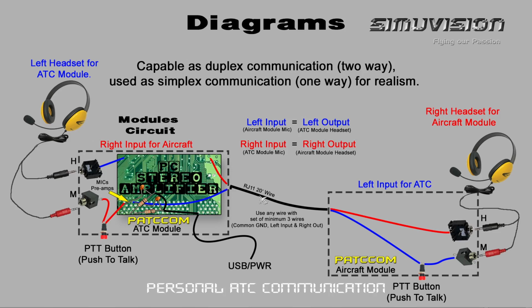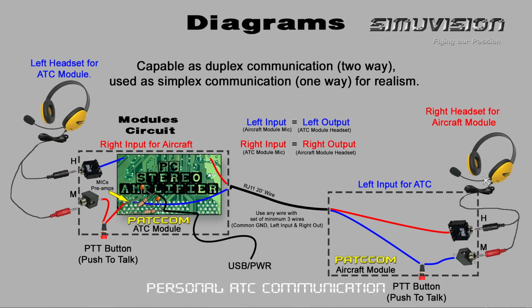As we were discussing, we have this PC stereo amplifier and we divided our module into two parts. One is the aircraft module, another is the ATC module, just the way it's supposed to be. So the aircraft pilot can communicate to the ATC and the ATC can communicate back to the pilot.